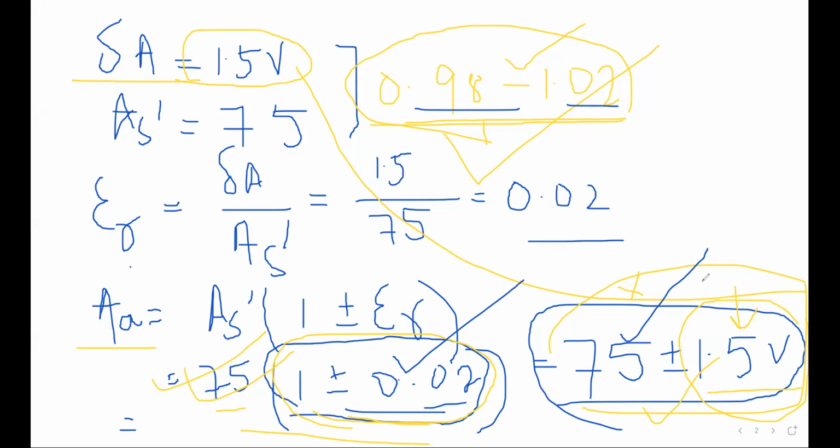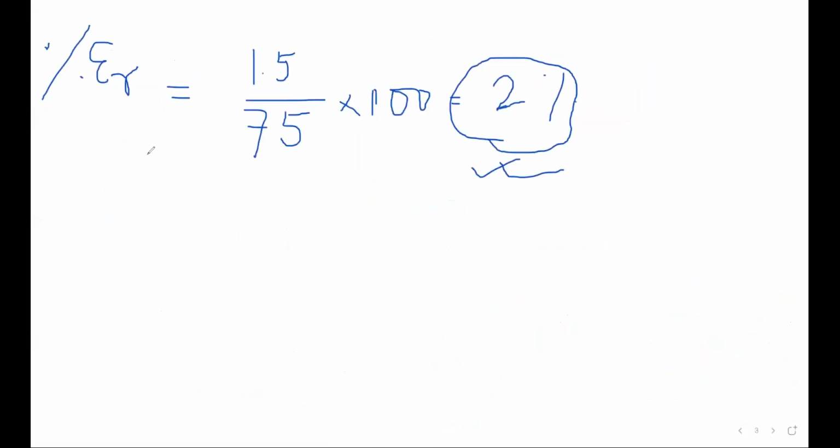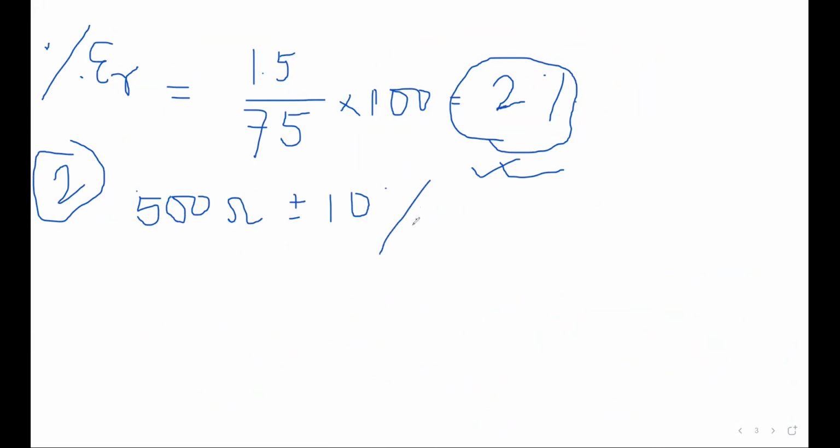I'm telling you, write down: the value of a resistor is specified. ये है second question, okay। The value of a resistor is specified as 500 ohm plus minus 10% by a manufacturer, okay। Find the limits of resistance.